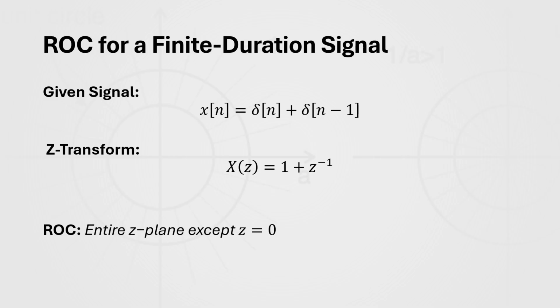Because the signal has finite length, the z transform converges everywhere except possibly at z equals 0 if there are positive powers of z, or z equals infinity if there are negative powers of z. So the ROC is the entire z plane, excluding z equals 0 and z equals infinity if necessary. This makes finite duration signals very well behaved in terms of convergence.